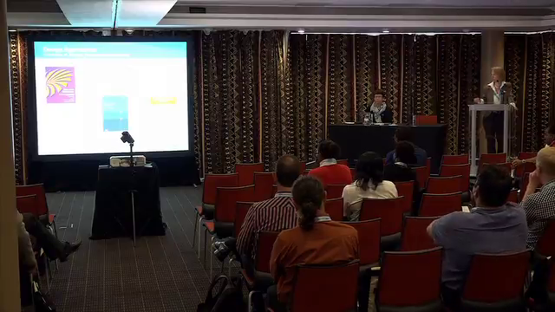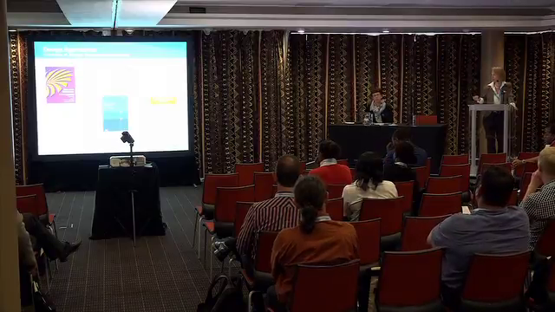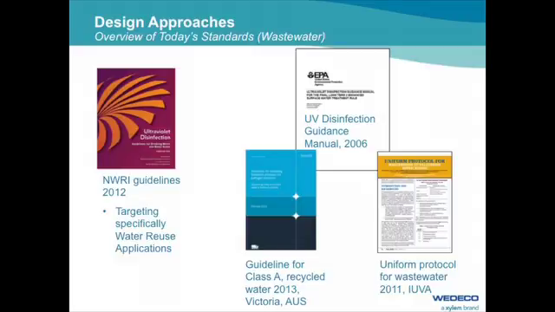And all this is also today guided by a number of guidelines. I would like to predominantly talk about this one, because this is the most extensive UV disinfection guidance manual, which gives a lot of guidance on how to conduct validation testing in order to verify the true performance of a UV system.